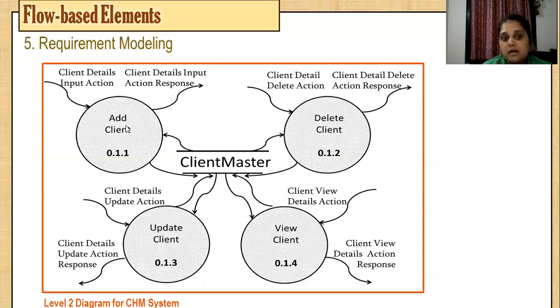You can either add a client, delete a client, view a client, or update a client. So these are the things that you can do in client management. Okay, so in adding a client, we are giving client details, we are getting a response. Plus, we are taking something from the database, we are adding something to the database.